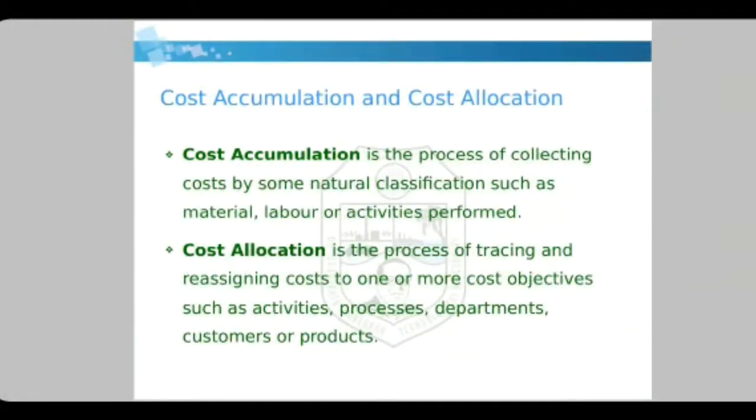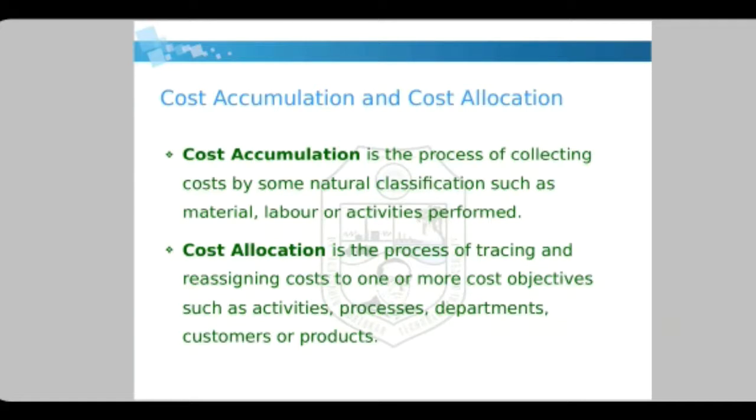Now there are two types of cost processes. First is cost accumulation and second is cost allocation. What is the meaning of cost accumulation? The cost which we can naturally classify, right? So cost accumulation is the process of collecting cost by some natural classification such as material, labor, activities performed.